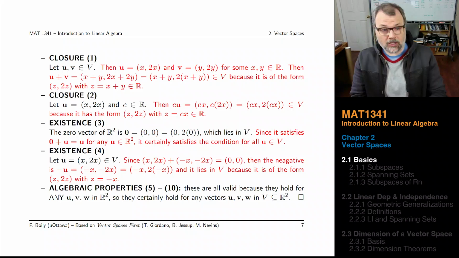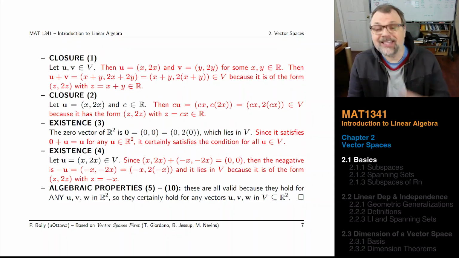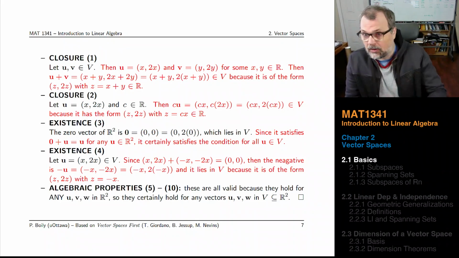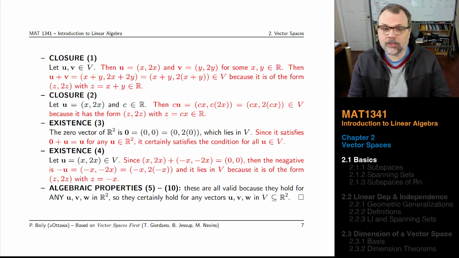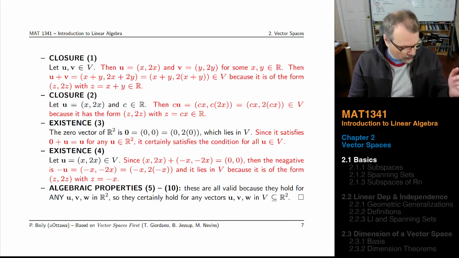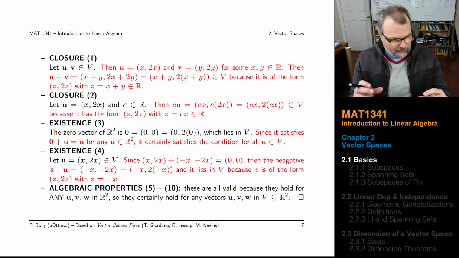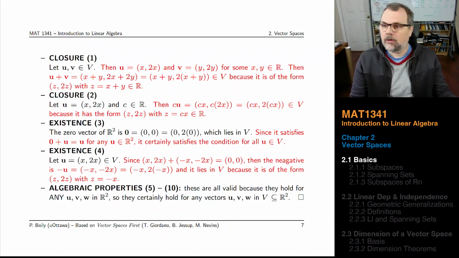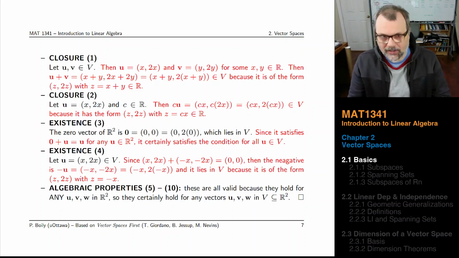The scalar multiple of c and u would be, you multiply each coordinate by c. So the first coordinate becomes cx, and the second coordinate becomes c times 2x.